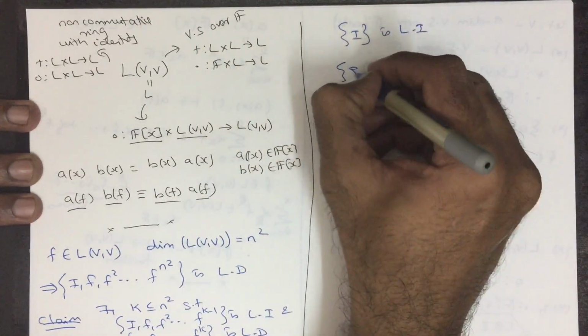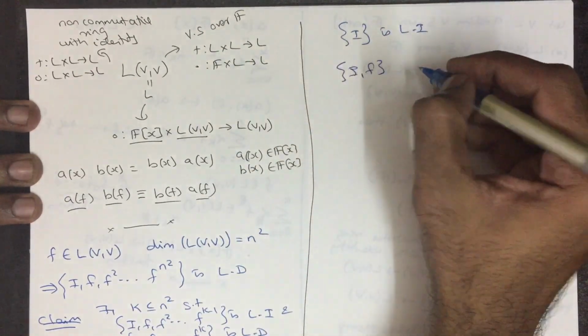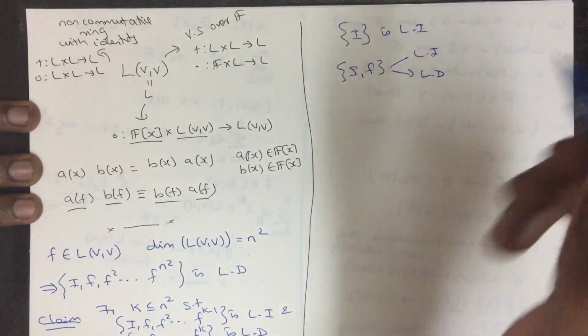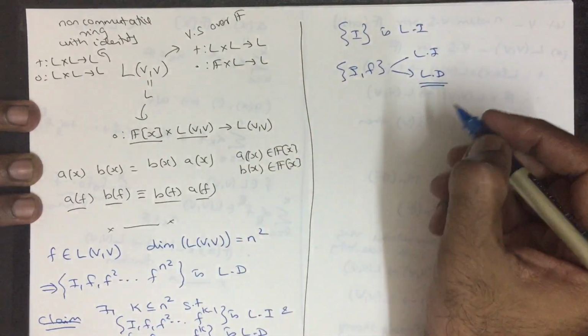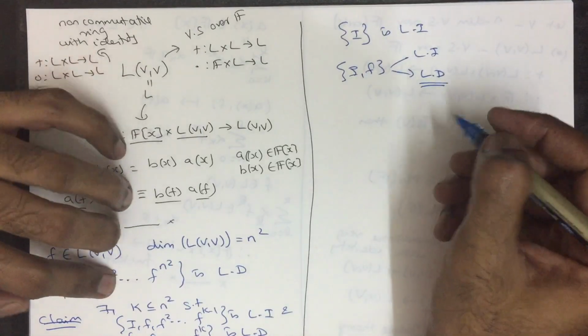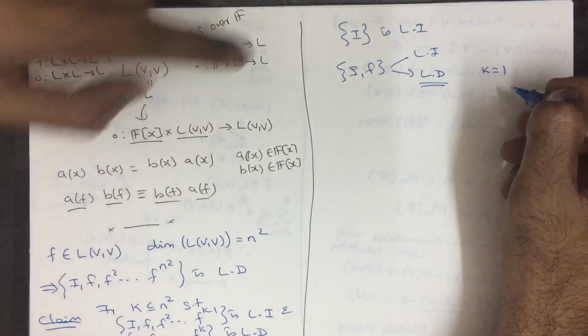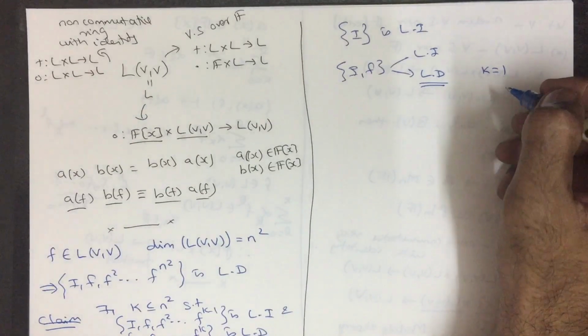Now, if we take the set I and f, there are two choices: either this set is linearly independent or it is linearly dependent. Suppose it is linearly dependent, then we have shown the claim, with k equal to 1: I is linearly independent and I and f are linearly dependent.